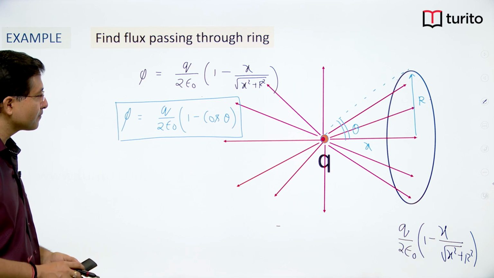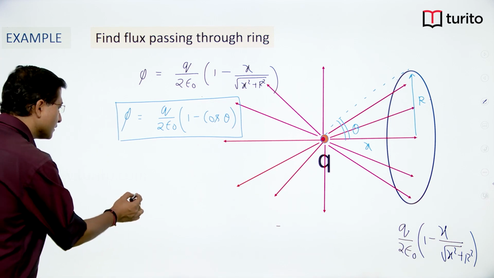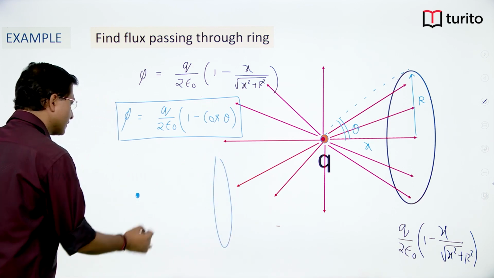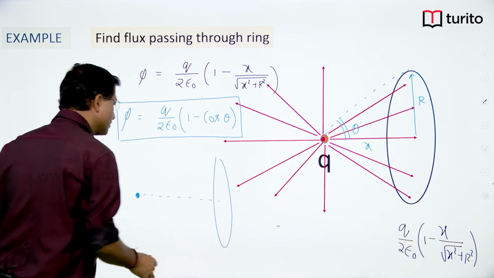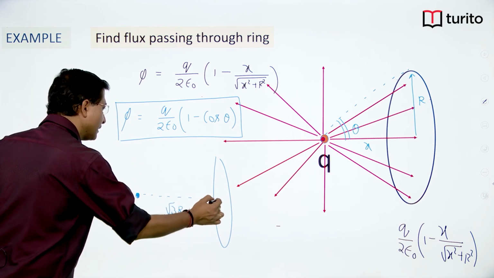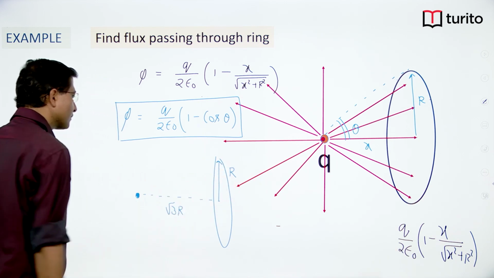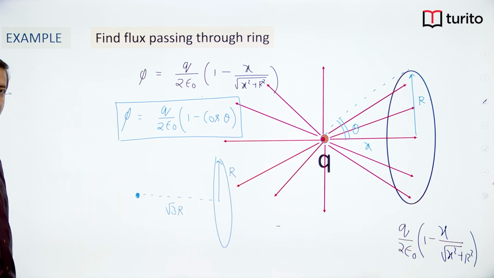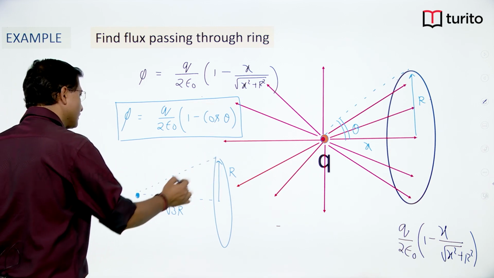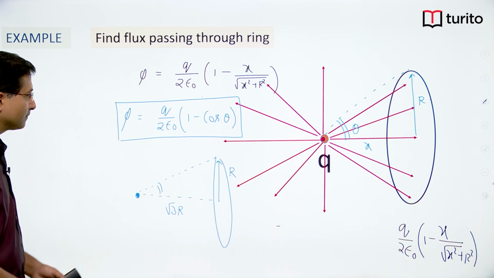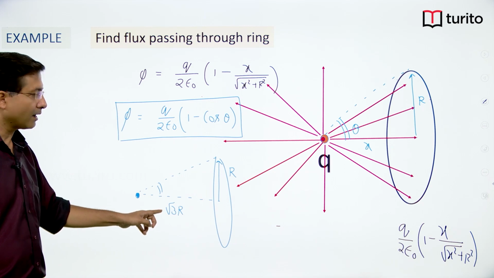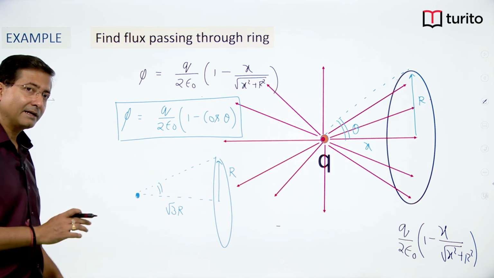So, if I say the charge and the ring, this distance is root 3 r and this is r, and I ask what is the flux associated. The only thing you require is this angle. So, what is this angle? Perpendicular upon base is r upon r root 3, that is 1 by root 3, tan 30 degree.